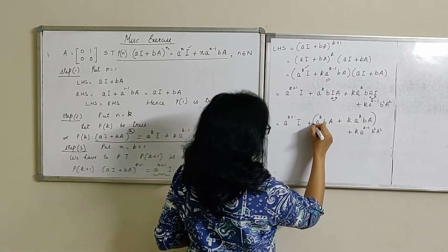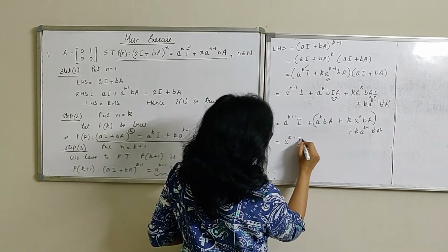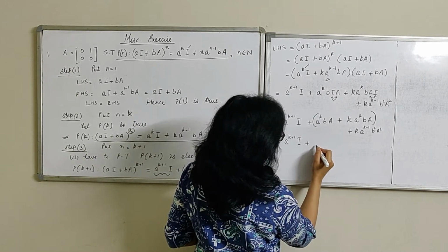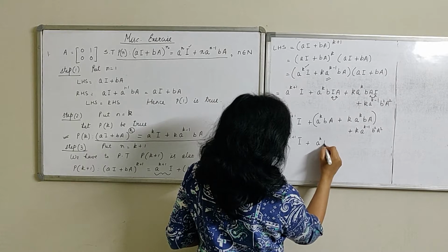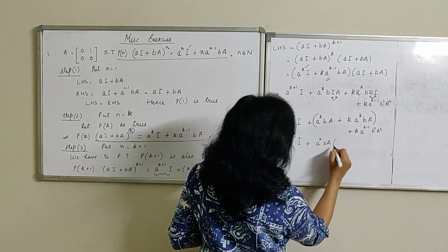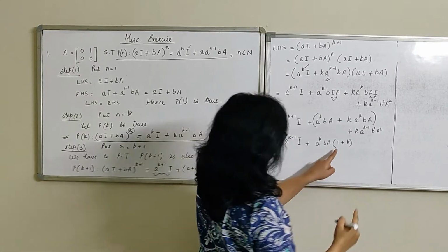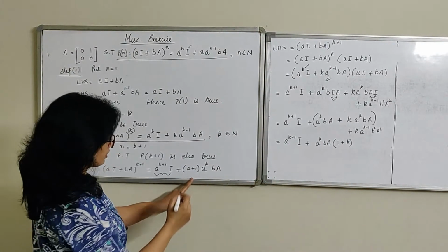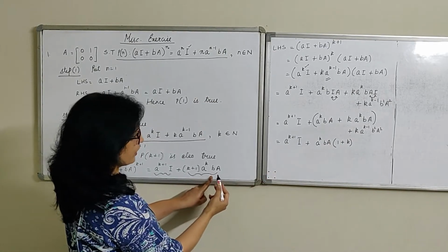So in these two terms we can take common elements, and the common elements are a to the power k b into A. So we are left with 1 plus k. So this term is same as this, (k plus 1) a to the power k b into A.